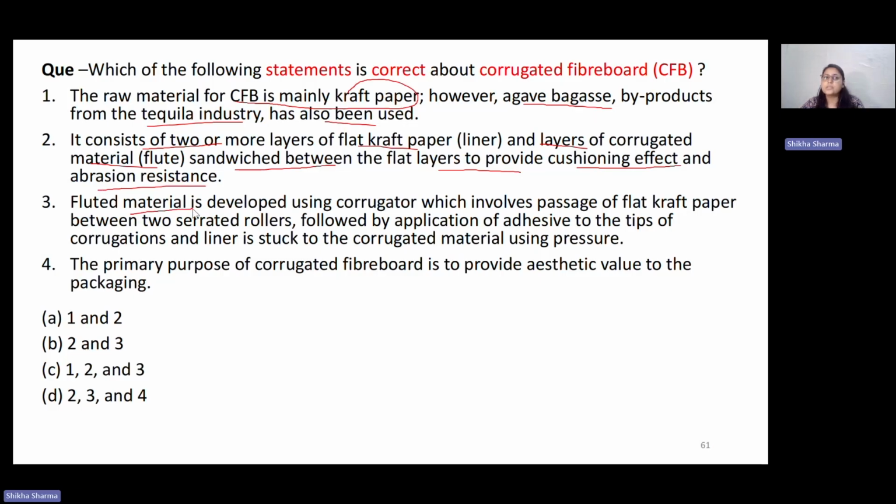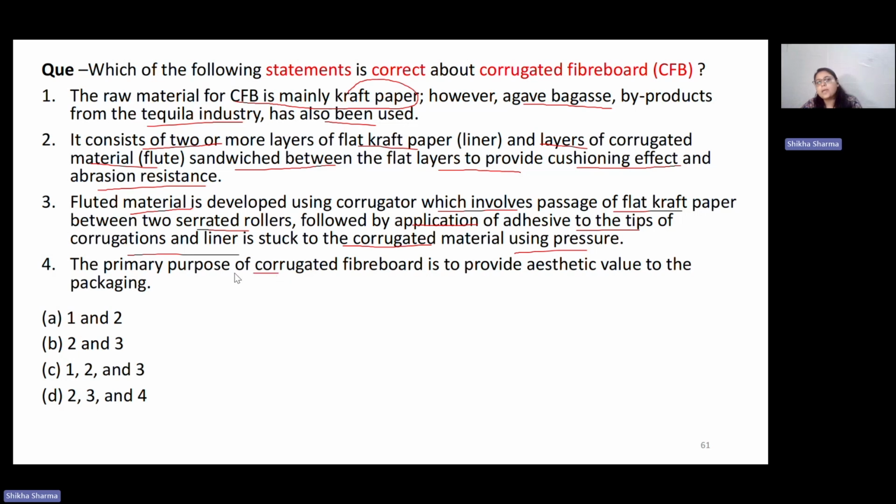The third statement is that the fluting material is developed using a corrugator, which involves passage of flat kraft paper between two serrated rollers, followed by application of the adhesive to the tips of the corrugations, and the liner is stuck to the corrugated material under pressure.